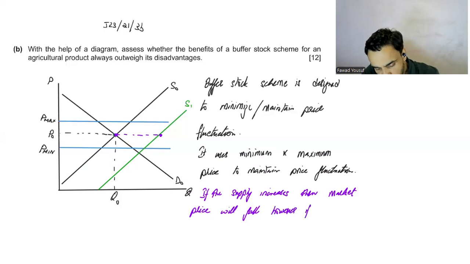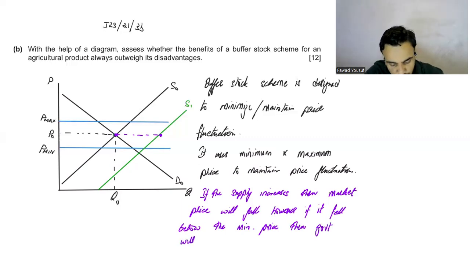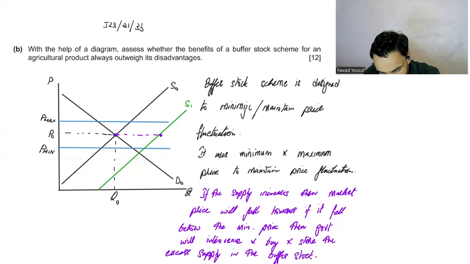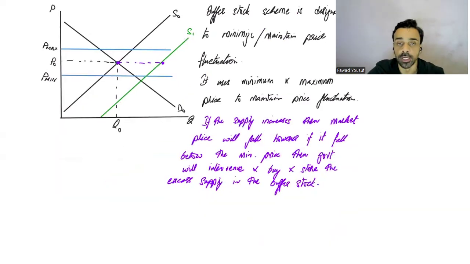However, if it falls below the minimum price, then government will intervene and buy and store the excess supply in the buffer stock. It's not complete.